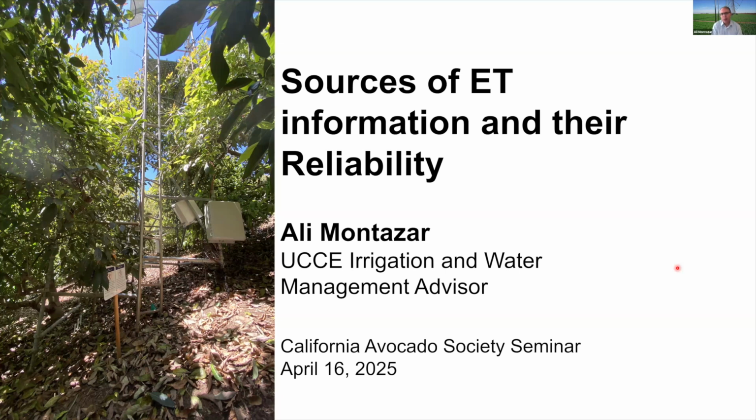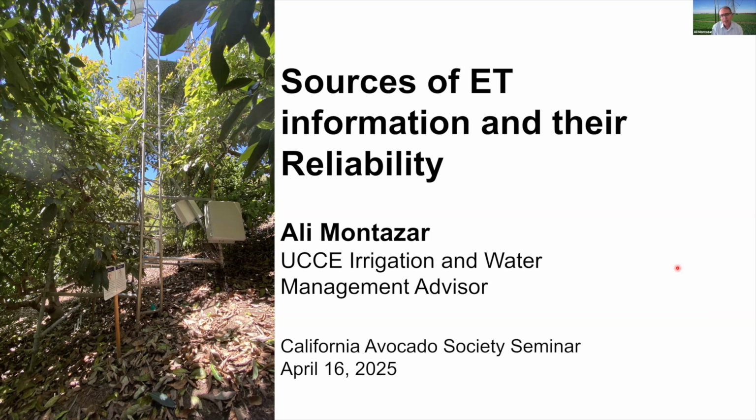I was asked to talk about evapotranspiration, or crop water consumption, or ET, in avocados. As you might know, ET is not a new term to hydrology. It comes from many years ago, and scientists and researchers have worked together on this topic for many, many years to develop tools and methodologies to measure and estimate this very complicated term.